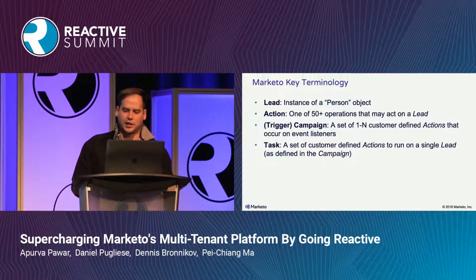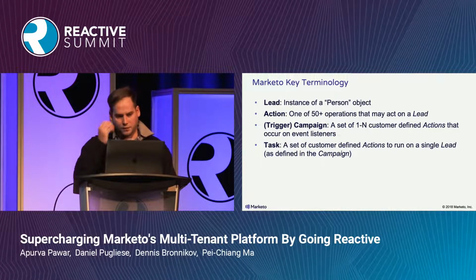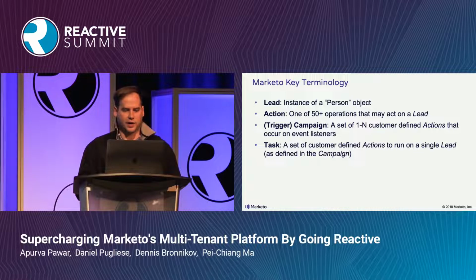For example, sending an email, syncing to a CRM, changing a data value on the object, etc. A campaign, or more specifically a trigger campaign, is a set of 1 to n customer-defined actions that occur on event listeners. And then finally, a task. To tie this all together, a single task is a set of customer-defined actions that run on a single lead, as is defined by the customer in a campaign.